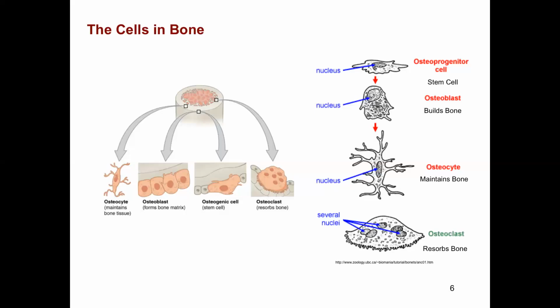And the osteoclast is derived from hematopoietic stem cells in the macrophage line, so blood cells. These are really big cells with multiple nuclei and a ruffled border, and they release calcium to the blood by breaking down bone. Okay, so these two cell types, the blasts and the clasts, work together when you're remodeling bone. And we'll talk about that in a few minutes.